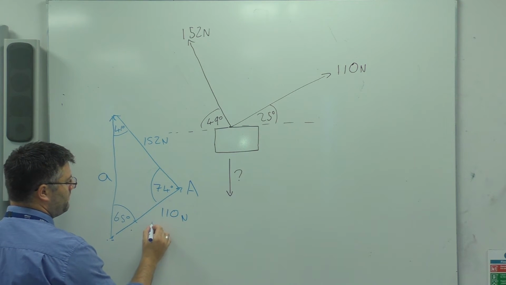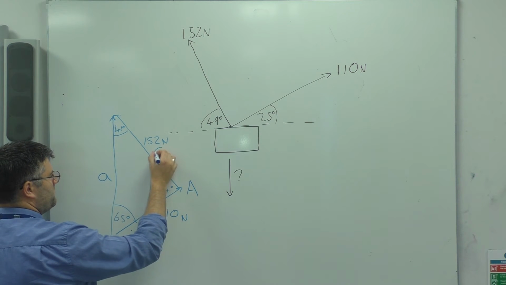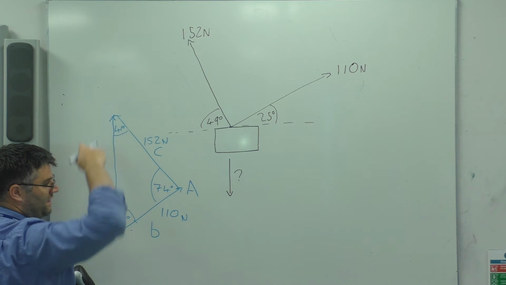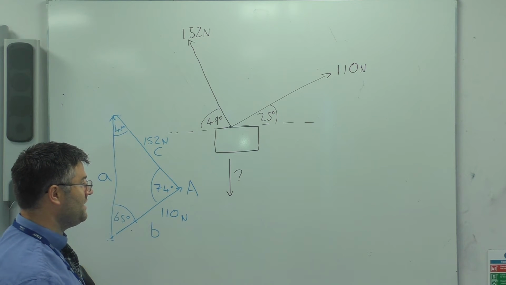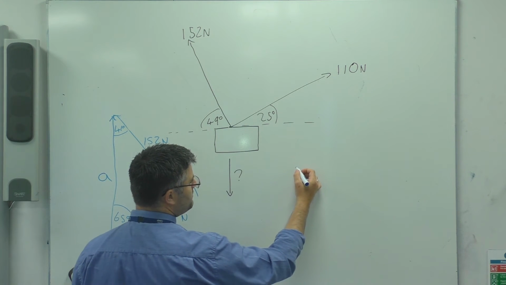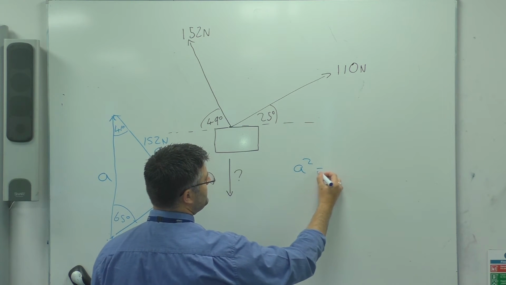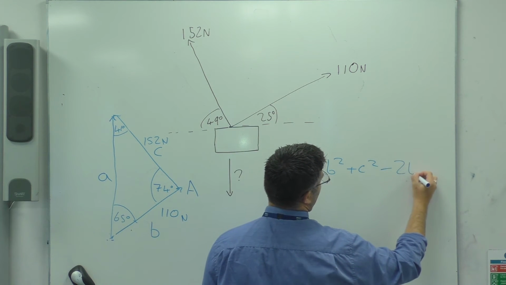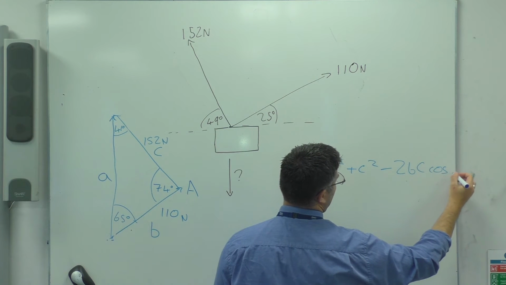We can call this one B, and this one C. We don't need angles capital C and capital B because they're not of interest; we don't need them in the cosine rule. So the cosine rule is A squared equals B squared plus C squared minus 2BC cos A.